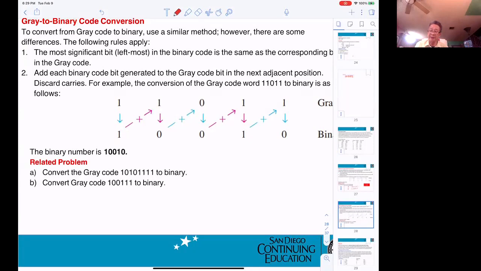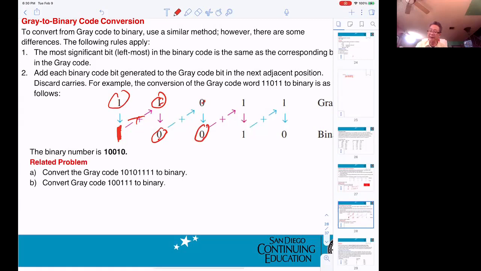First thing, this number 1 here, just bring down here. 1. Okay, then you take this one adding to this one. 1 adding to 1, you get 0. Then take this 0 adding to 0 here. 0 adding 0, you get 0.